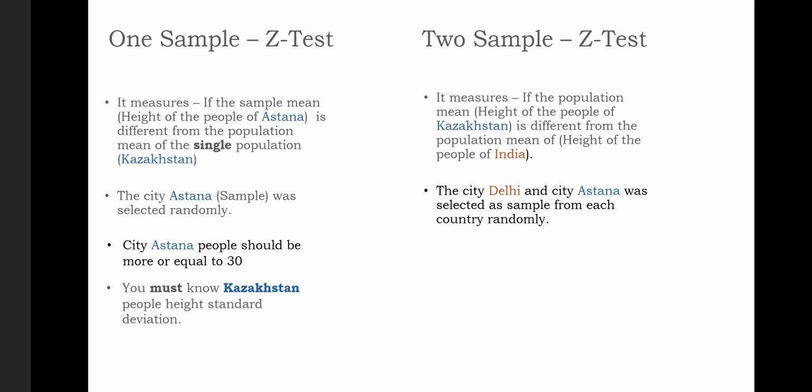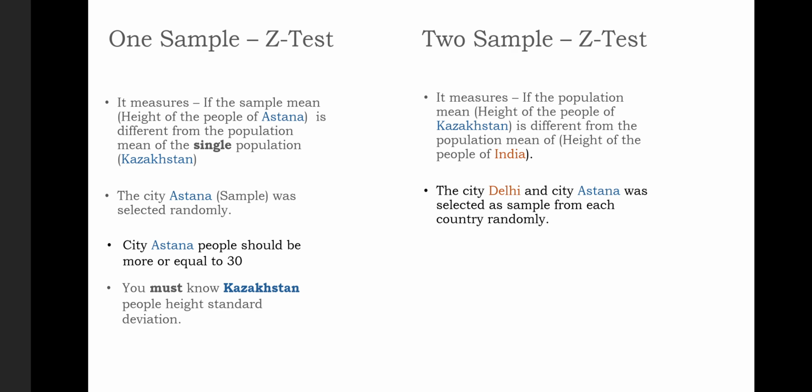Now look at that side. Here our situation is different. We ask whether the population mean height of the people of Kazakhstan is different from the population mean height of the people of India. Now you believe that height is different, but you have to put one more statement in front of you: that height is the same.